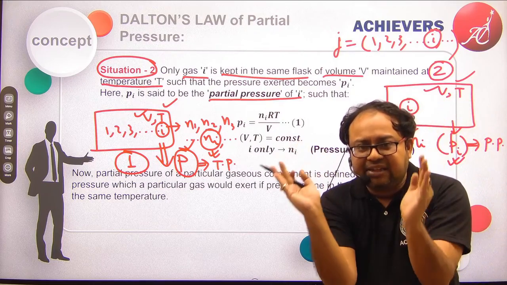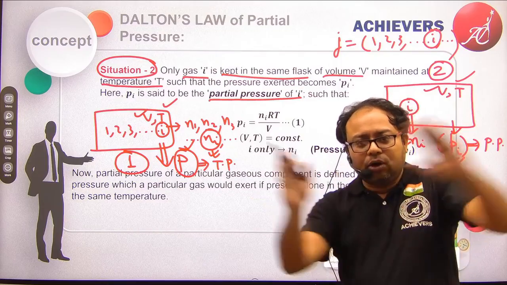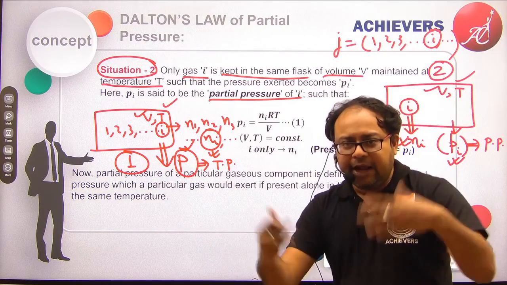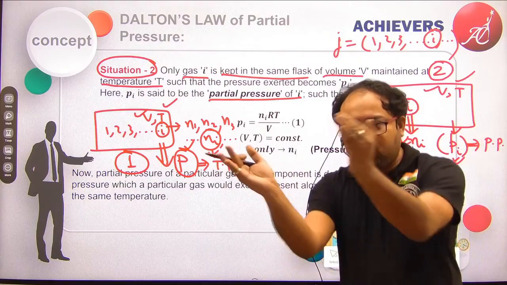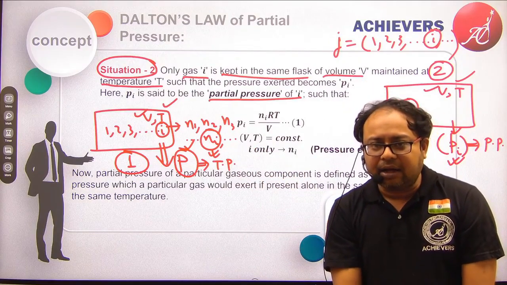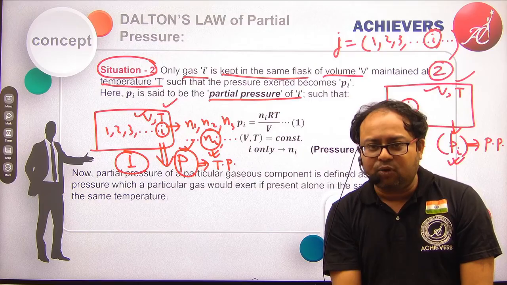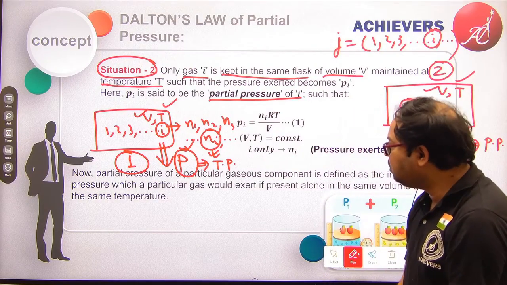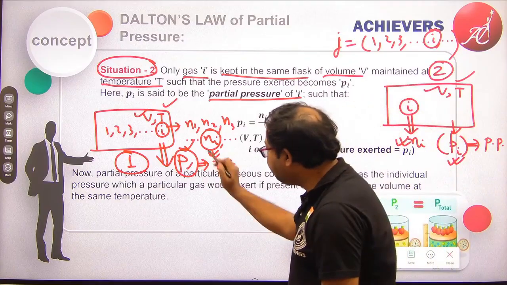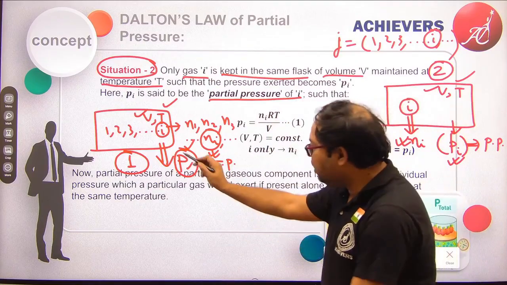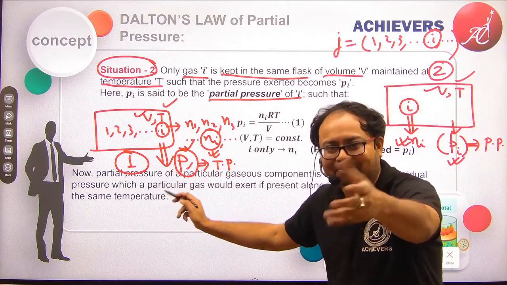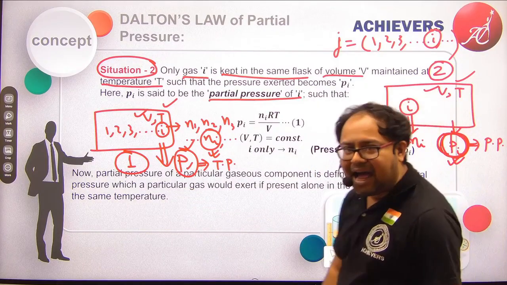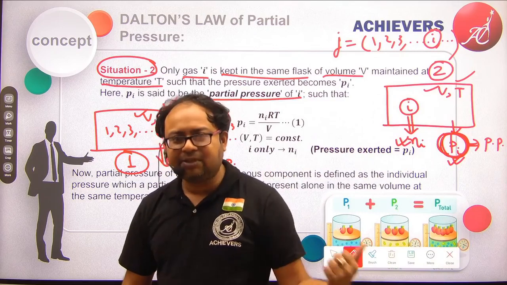In situation 1, the total pressure is capital P. Then what would be the contribution of gas i towards the total pressure? The contribution of gas i towards the total pressure P is Pi.